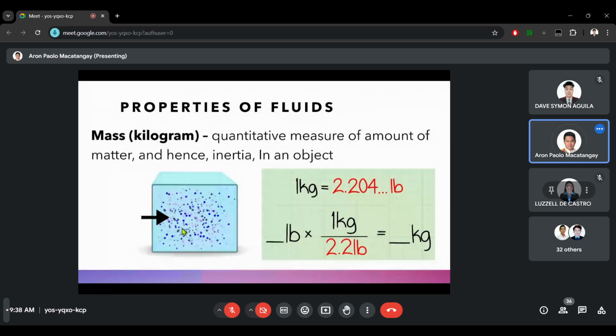Sometimes a small object can have a very large amount of matter, and sometimes a big object can have a very little amount of matter. So the numeric value of this is called the mass. Usually we will be doing that in kilograms, but once in a while you will have it in pounds.